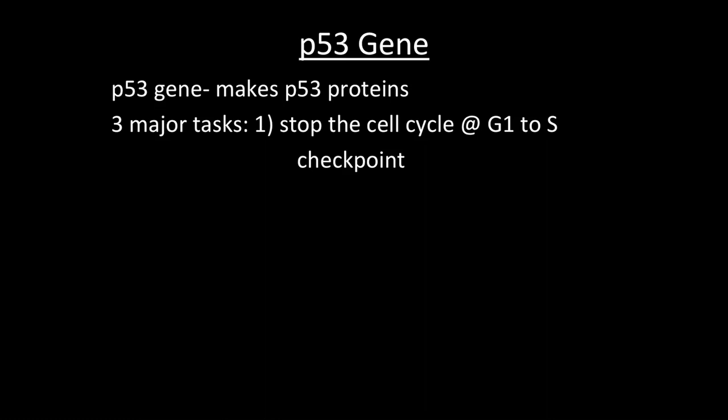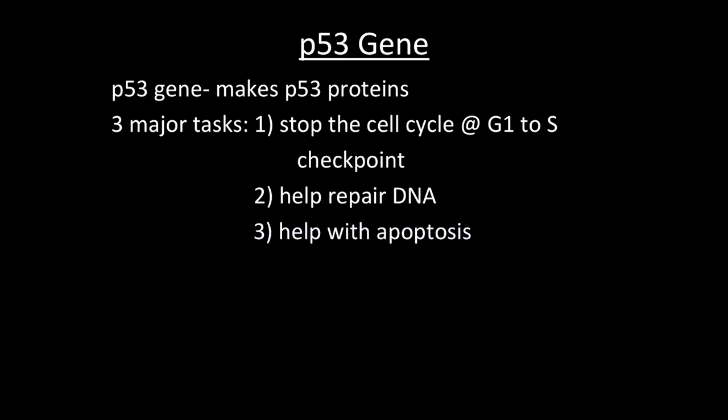So the first major job is to tell the cell to stop at the G1 to S checkpoint. Okay? So the p53 proteins that are made from the p53 gene will tell the cell don't go past the G1 to S checkpoint. The p53 proteins also help with repair of DNA, and they also help with apoptosis. So we're going to break these down and look at 1, 2, and 3 individually. So let's start with number 1.